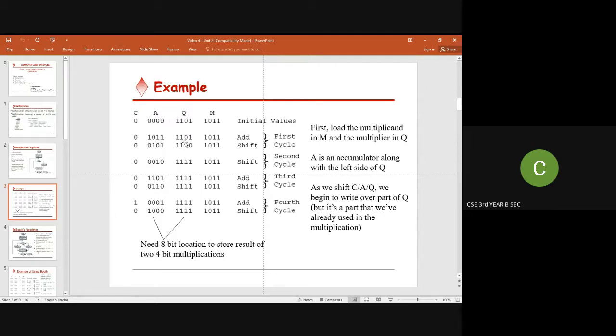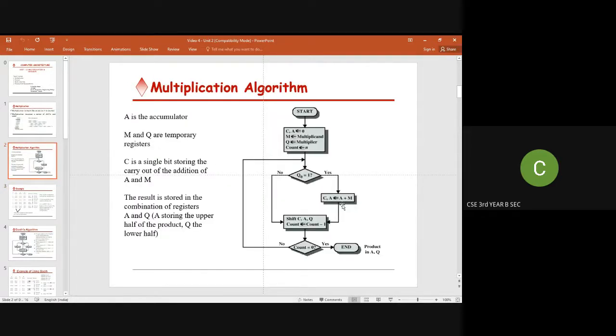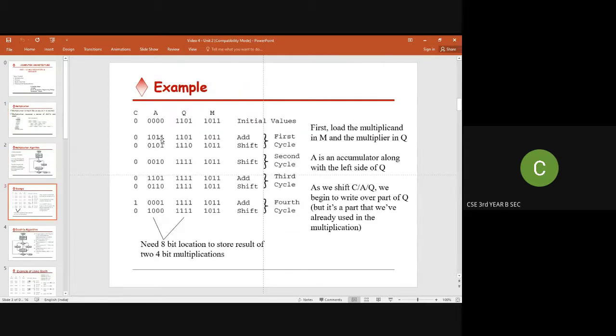So the A value is 0000, A plus M is 1011. Both values are added to give 1011, and the Q value and M value remain the same.